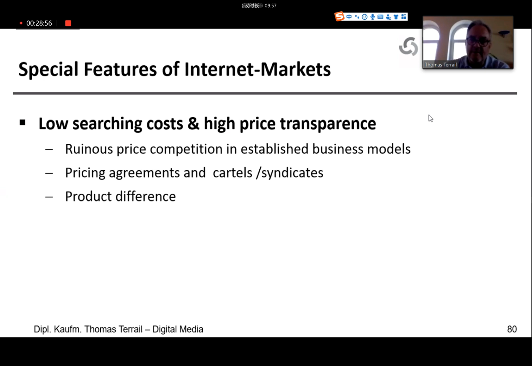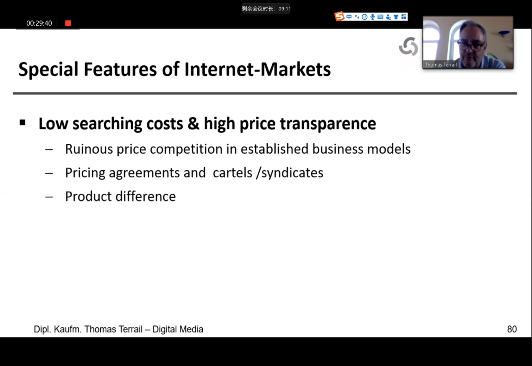And if you have a product difference, and you can say, okay, I have a special product and it's worth it, and the people see it the same way, then you are not part of this polypoly. You have a monopolistic position if you offer a product that is individual. And so it could be more expensive because the people would pay it.